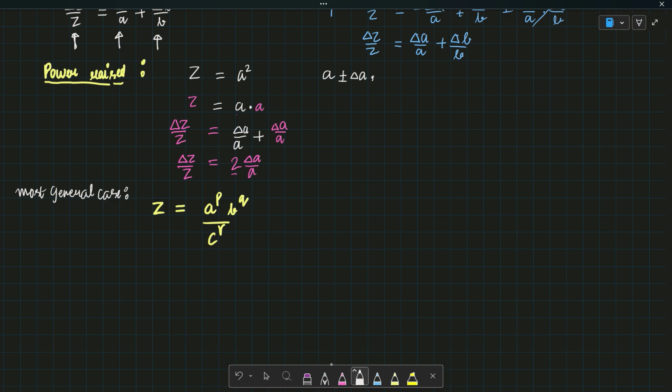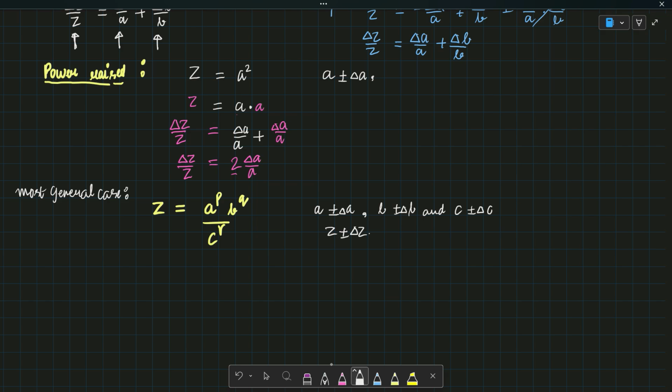We know that the measured quantity A is reported like this, B is reported like this, and C is reported like this. And we know that the error in Z will be reported like this.